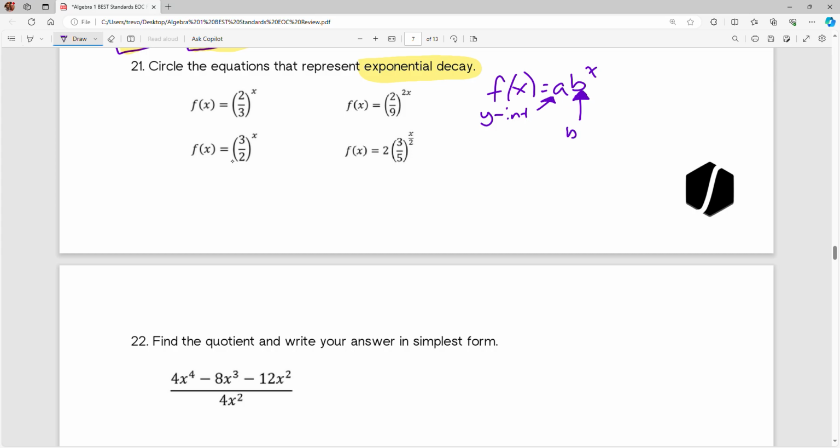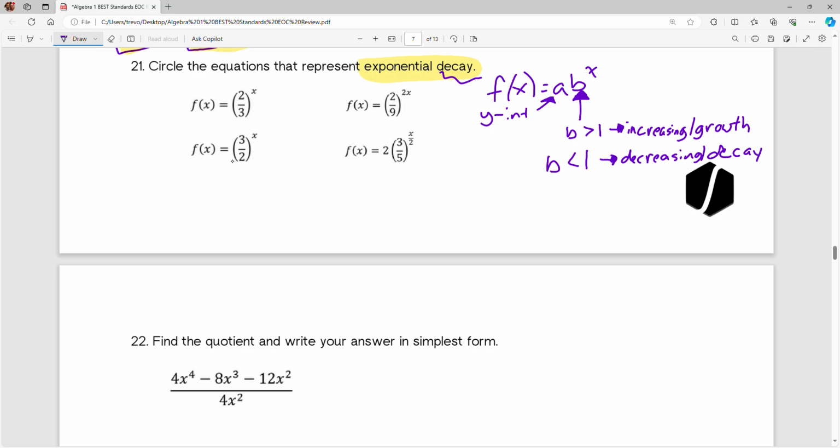So when B is greater than 1, you have increasing or a growth function. So we're looking for decay, which is where B is less than 1, to give us decreasing decay.